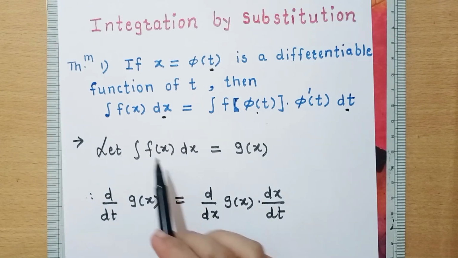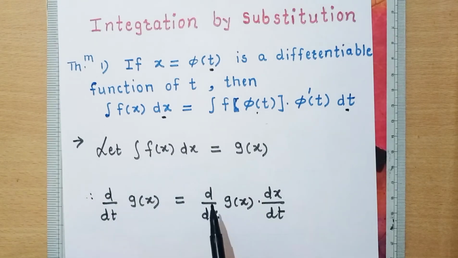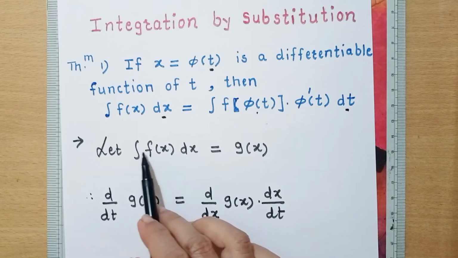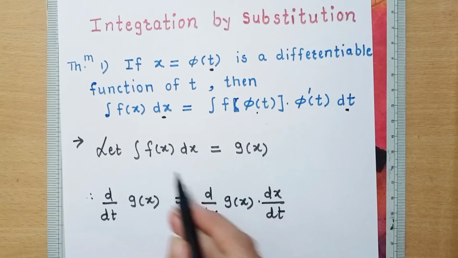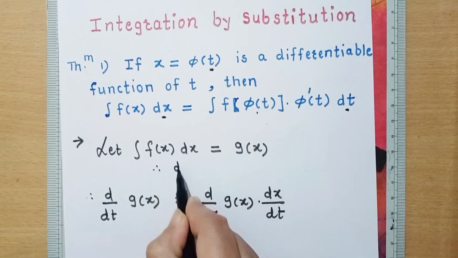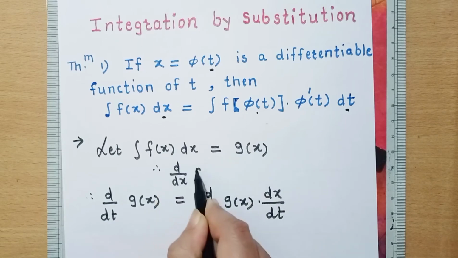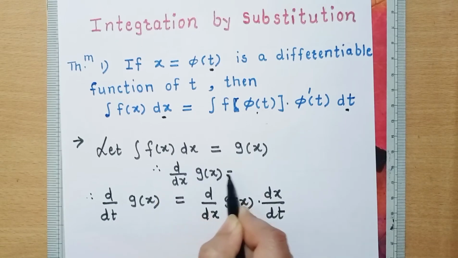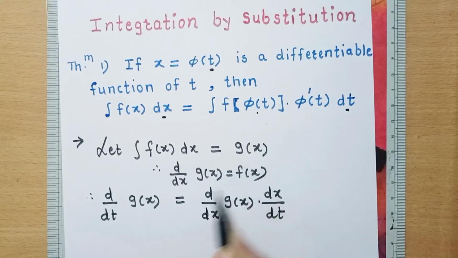Now look here, integration and derivative are opposite processes. So integration of f x equal to g x, that means derivative of this equal to f x. So we can write d by dx of g of x equal to f of x, and we will use this here.